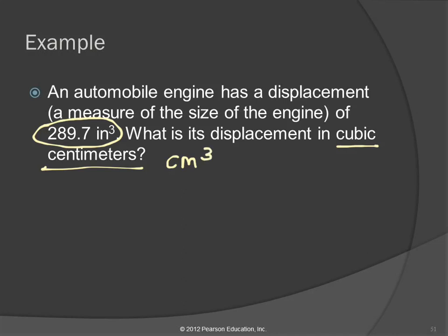There's only one number, so we don't have to go trying to figure out which is the conversion factor and where we are starting. We're starting with the number. So we're going to start with this number, 289.7 cubic inches, and we're going to convert to cubic centimeters.